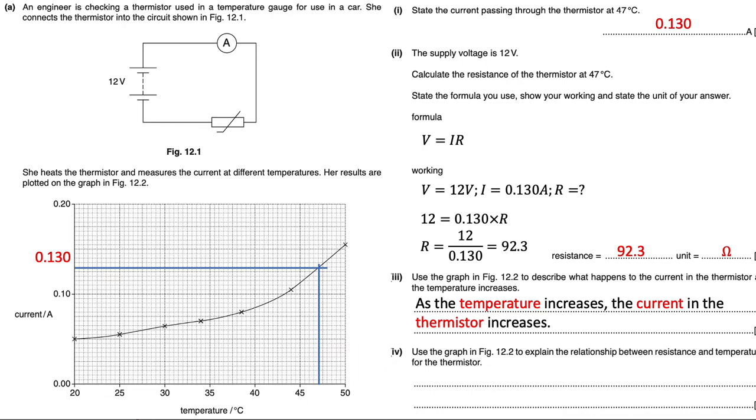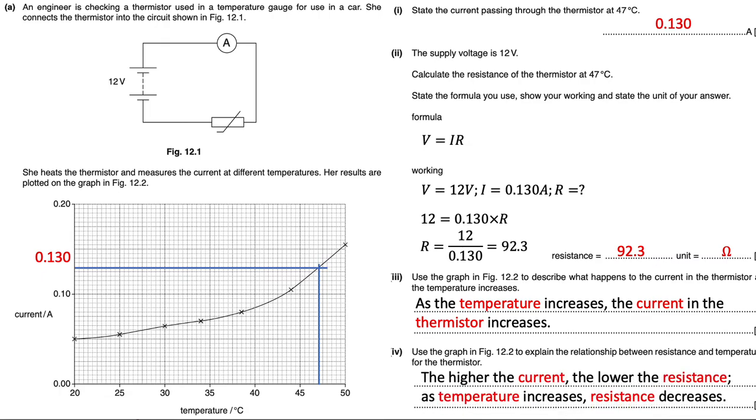Well, as we've said in the first part of this question, as the temperature increases, the current will also increase. Well, why does it increase? If you think about it, resistance is opposition to current. So the larger that current, the lower the resistance. The higher the current, the lower the resistance. And therefore, as temperature increases, resistance decreases.